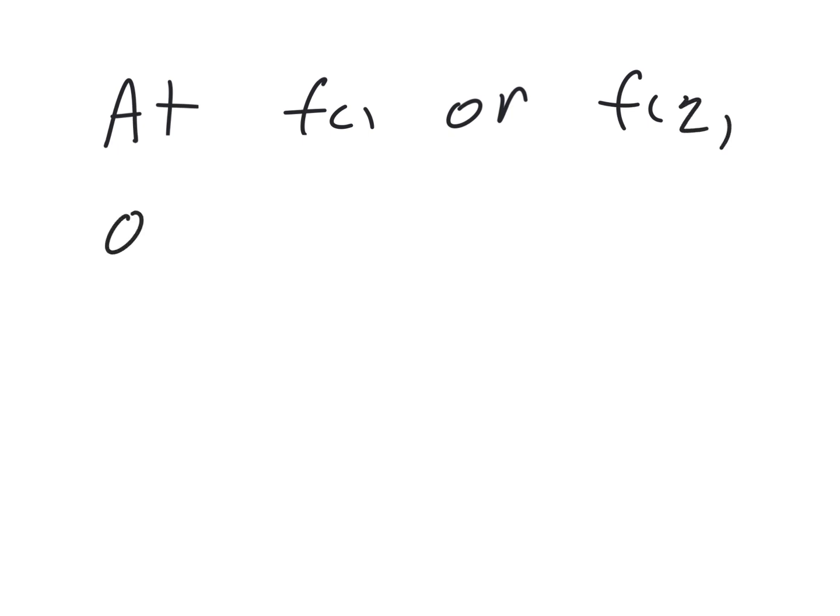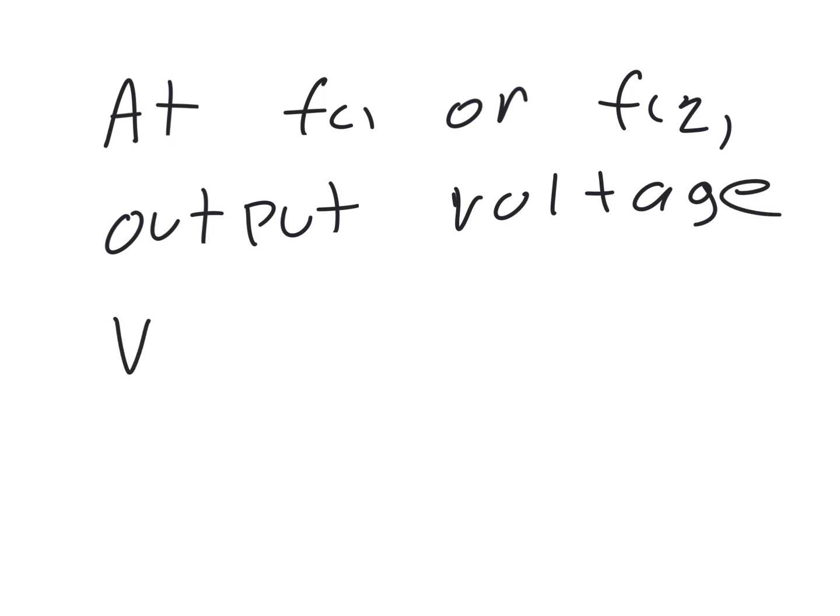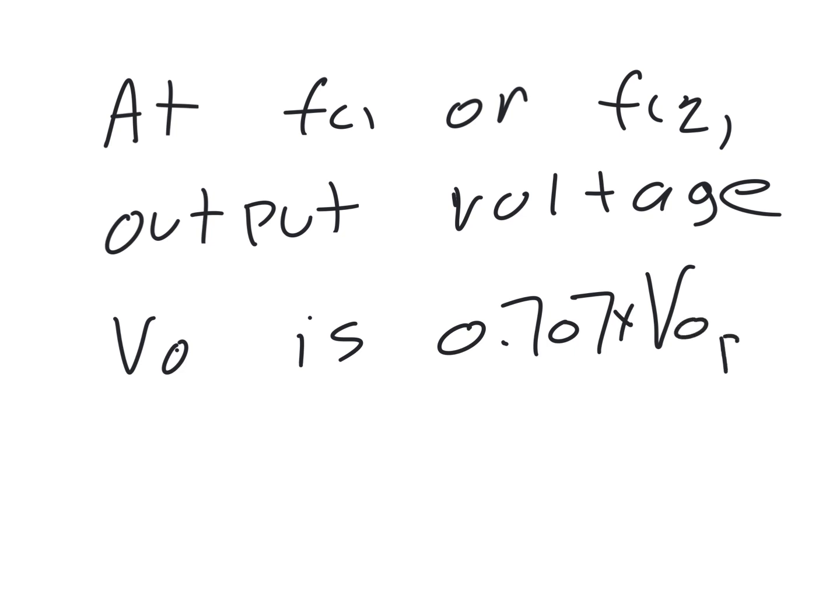We can say that at FC1 or FC2, the output voltage VO is 0.707 times the output voltage in the passband.